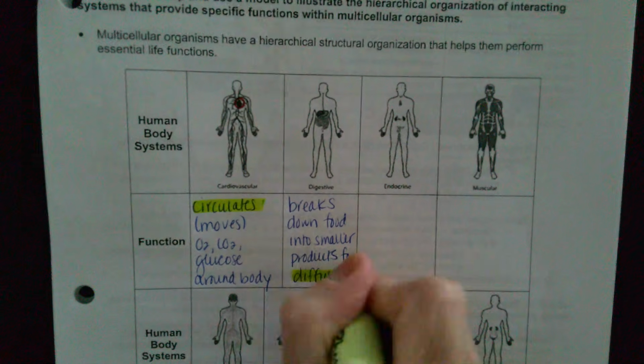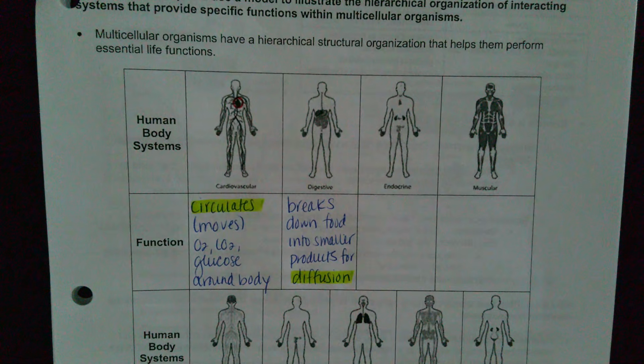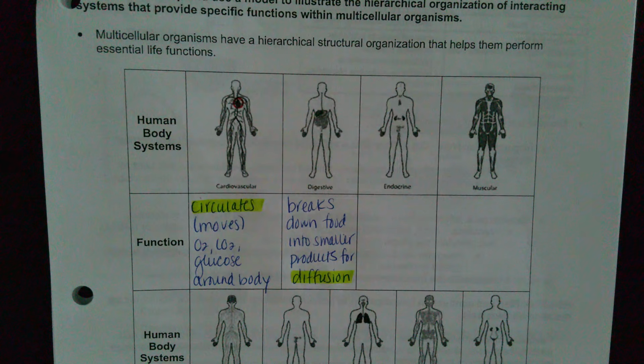And then diffusion, talking about moving molecules from high to low concentration without using any energy. You go and you break down food. So let's say you have proteins. Those get broken down into amino acids. Amino acids are small molecules. They're able to pass through the intestines into the bloodstream. That passing through is called diffusion.